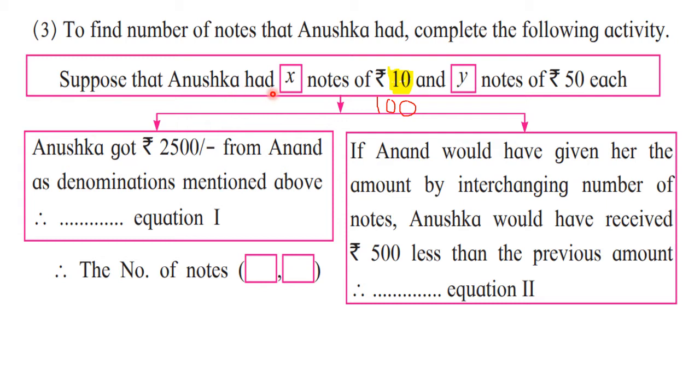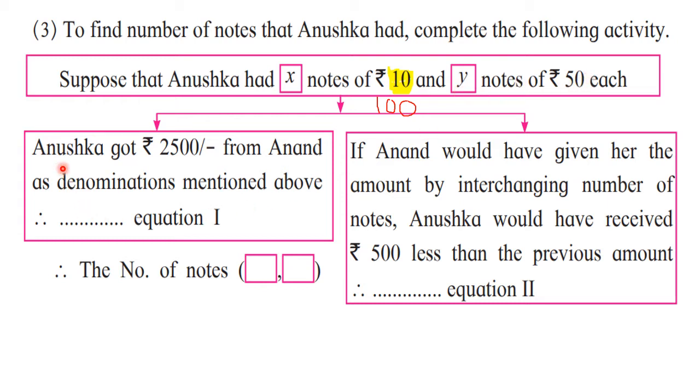Suppose that Anushka had x notes of rupees 100 and y notes of rupees 50 each. This is already given to us. Then they have given two conditions in two different boxes, and from that we have to obtain two equations. Now see, x notes of rupees 100 will amount to 100x, and y notes of rupees 50 will amount to 50y.